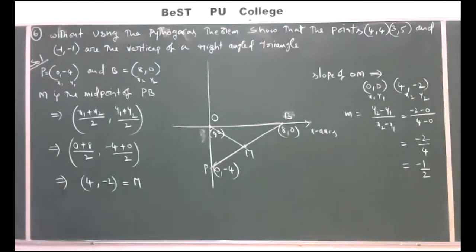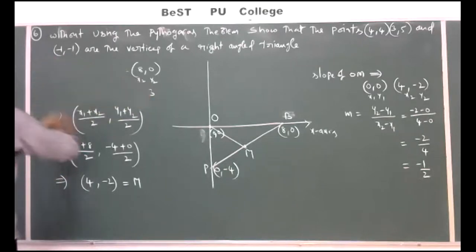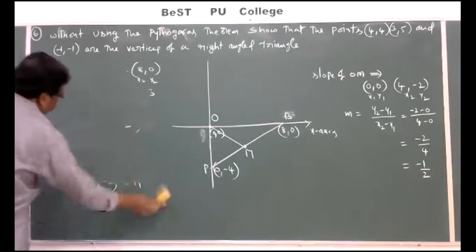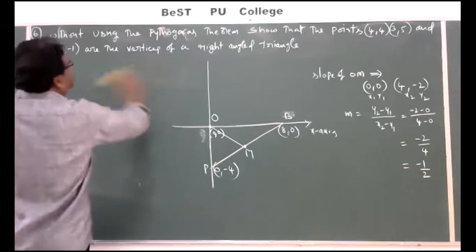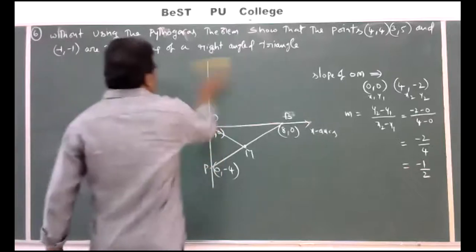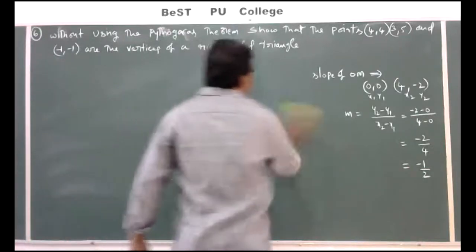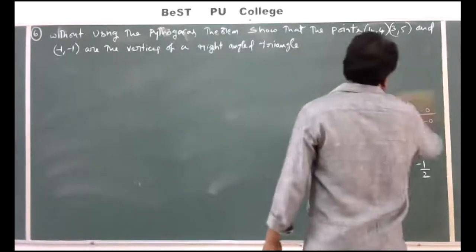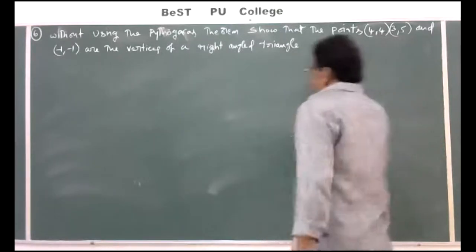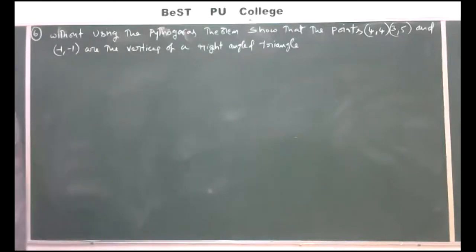So we know the Pythagoras theorem. In a right angle triangle, hypotenuse square is equal to side square plus side square. If three vertices are given, find out the lengths of the three sides, then apply the Pythagoras law, then we can prove the given three points form a right angle triangle. This is the known method. But here we know the slopes.